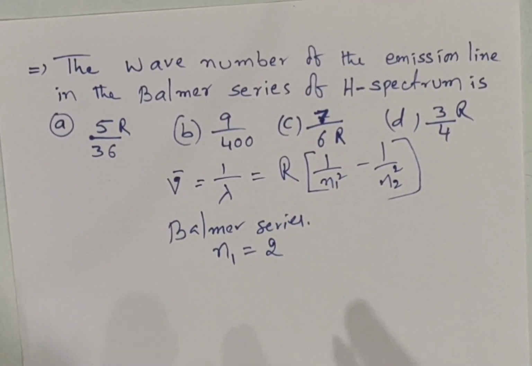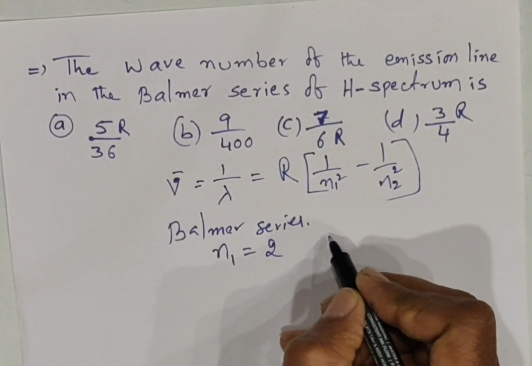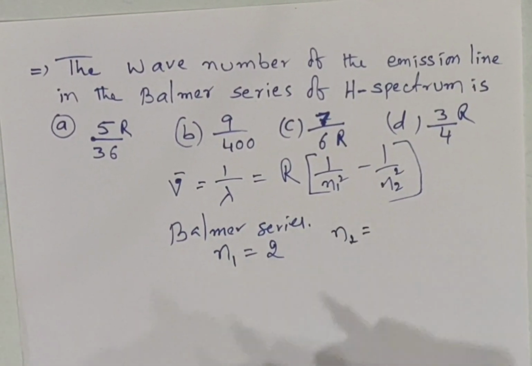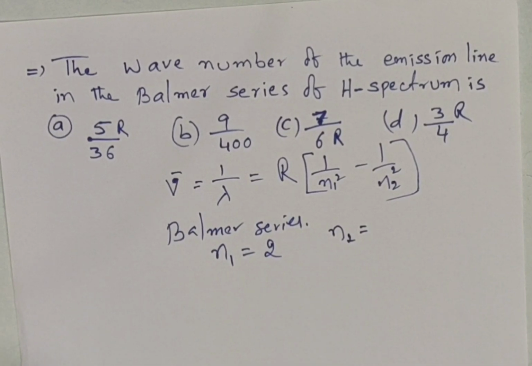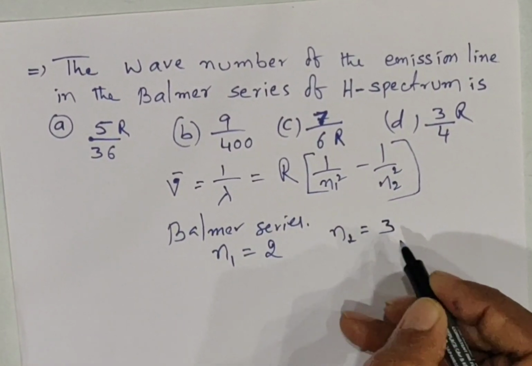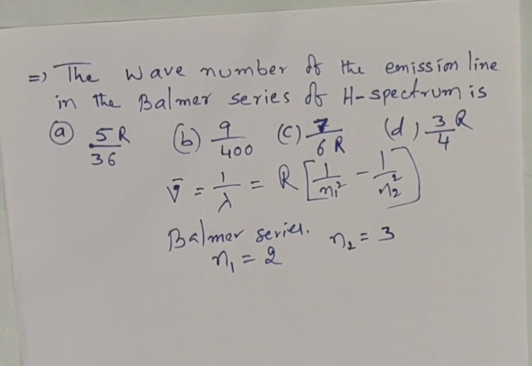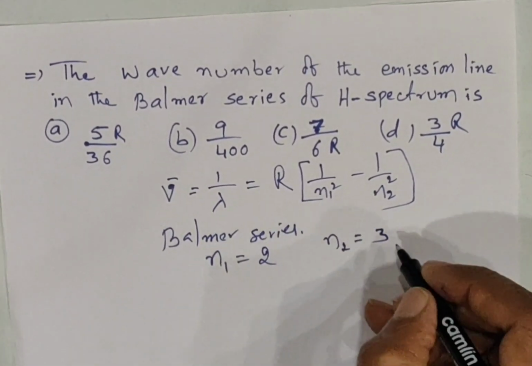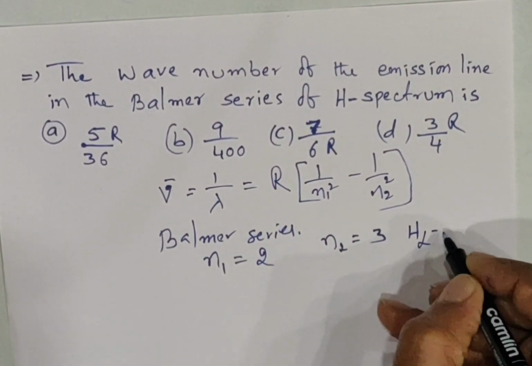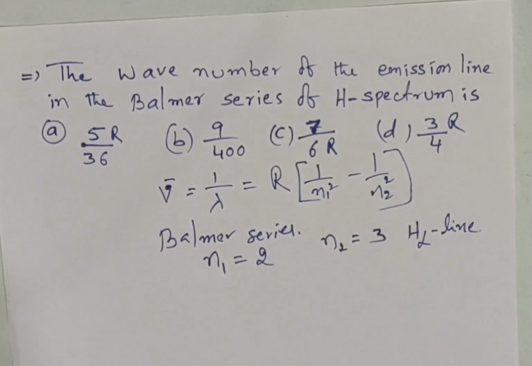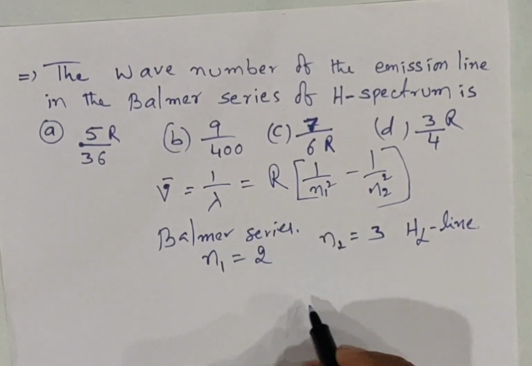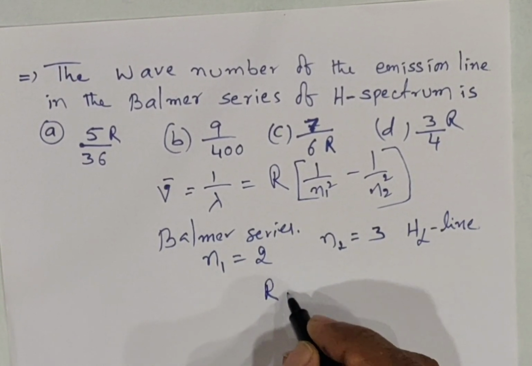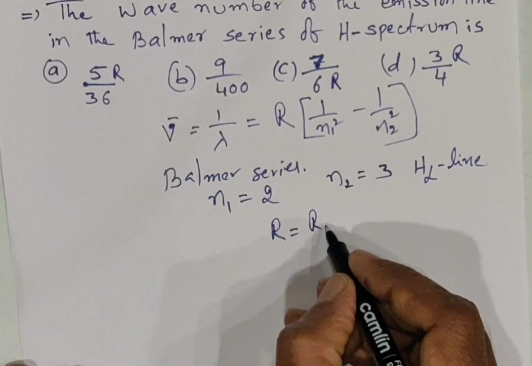Here N2 is equal to the next numbers 3, 4, 5. N2 equal to 3 means the first line of the Balmer series, which is also called the H alpha line. Now in this, R is equal to the Rydberg constant.